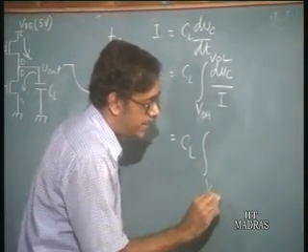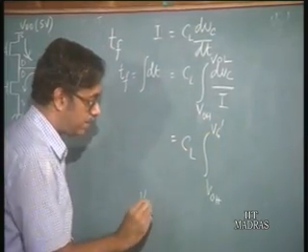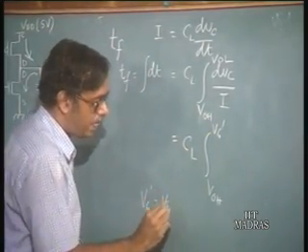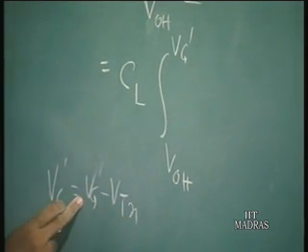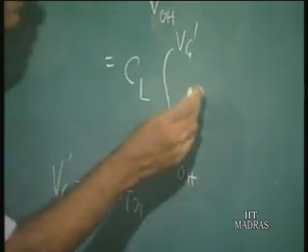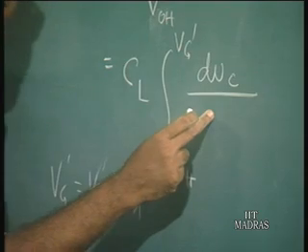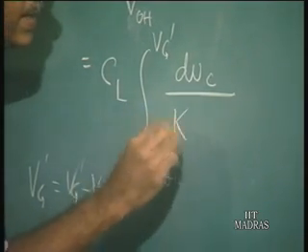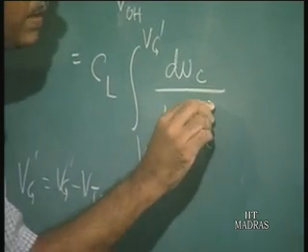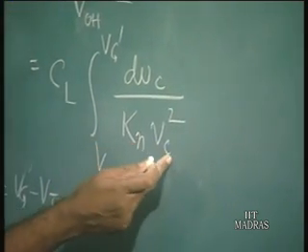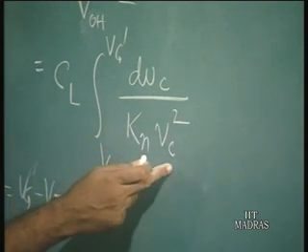So, first VOH to, say, let us call it VG prime, where VG prime is nothing but VG minus VTN, where VG is the gate voltage, or the input voltage. So, we have dVc over I sat, where I sat is nothing but Kn times VGS minus VT whole squared.